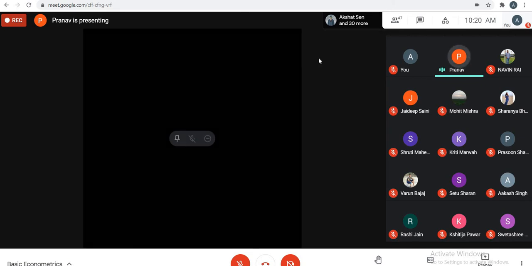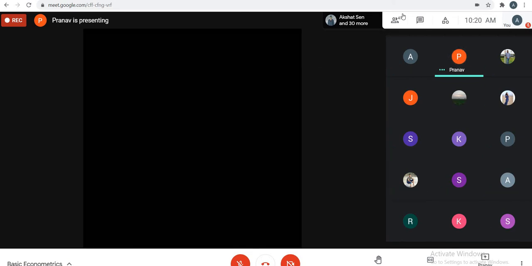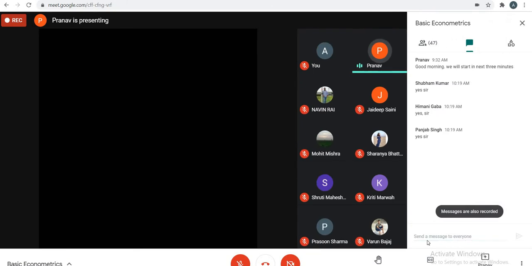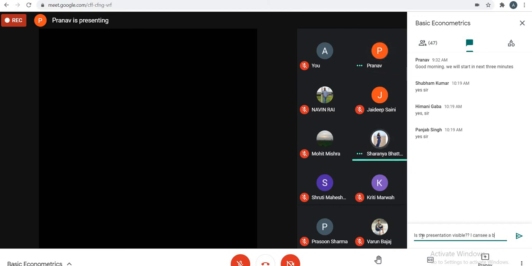So first of all, what we do is you just import that file onto your RStudio. Do that. How many of you know how to do that? Is there anyone who does not know how to do that?